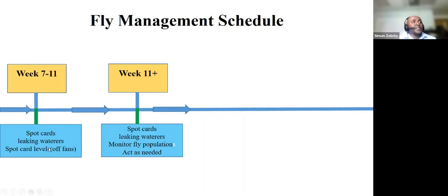If the spot card levels are below the economic threshold level, you can turn off the fans. The reason you turn off the fans is that the fans might also blow some of the beneficial beetles away from the chicken house. That's very important to consider.